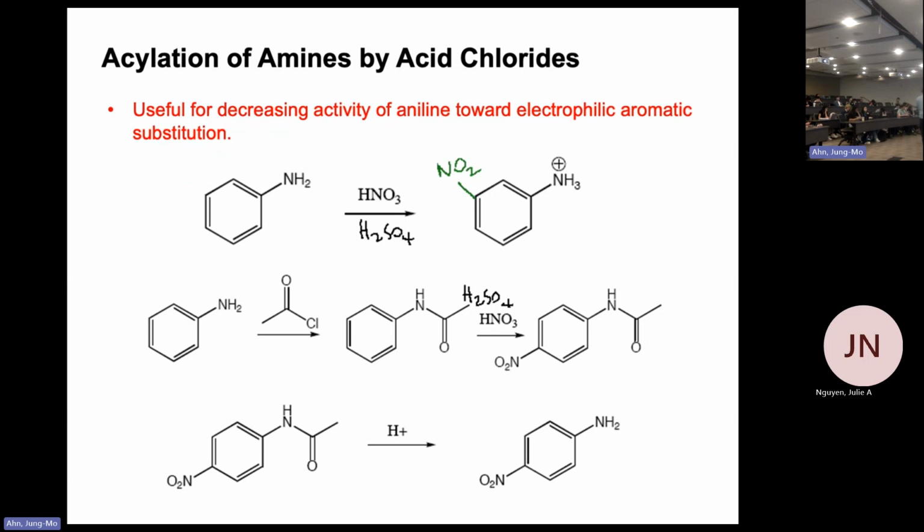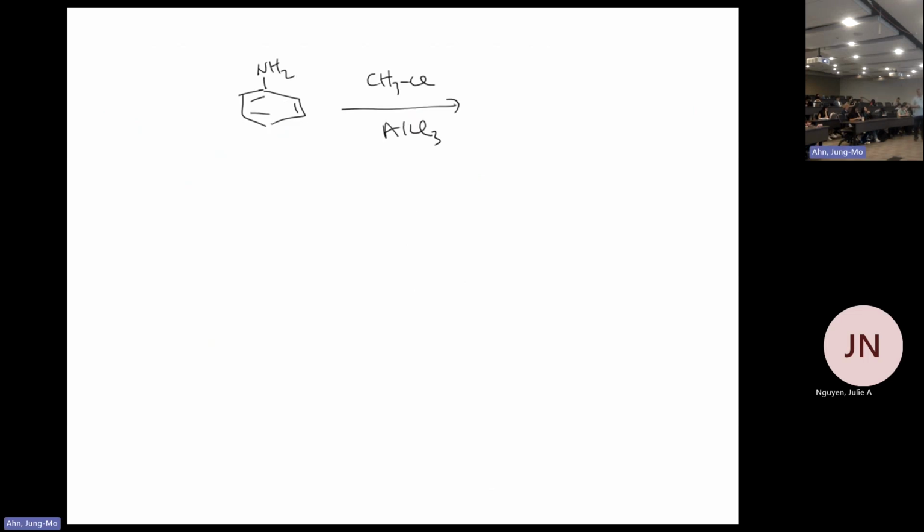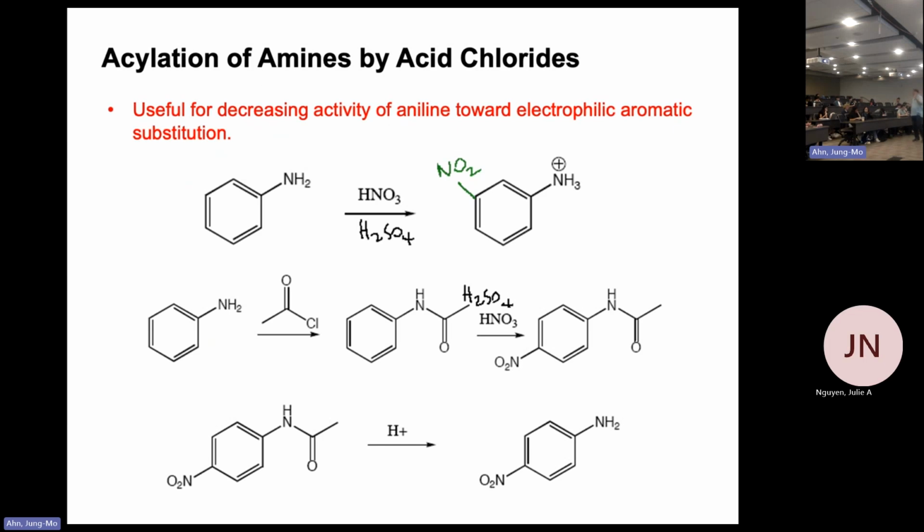So this is a strategy that you can use to make para or ortho substitution of the aniline, nitration reaction. This is the protecting strategy we're talking about: protecting the amine as an amide, and then removing the amide, which is the deprotection step.